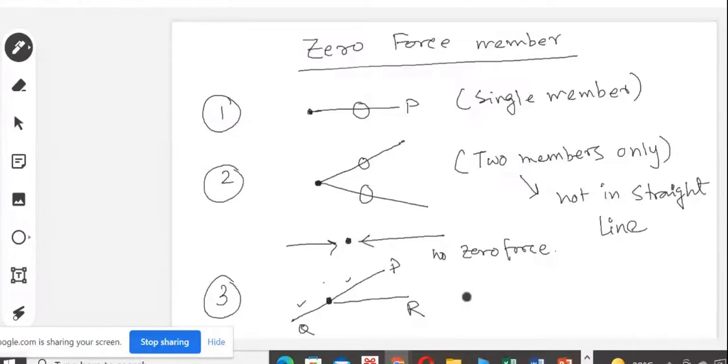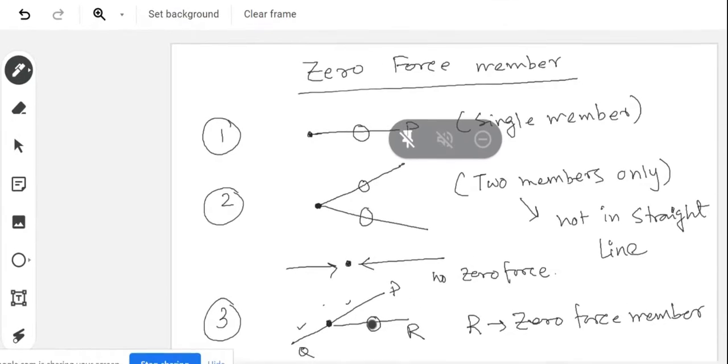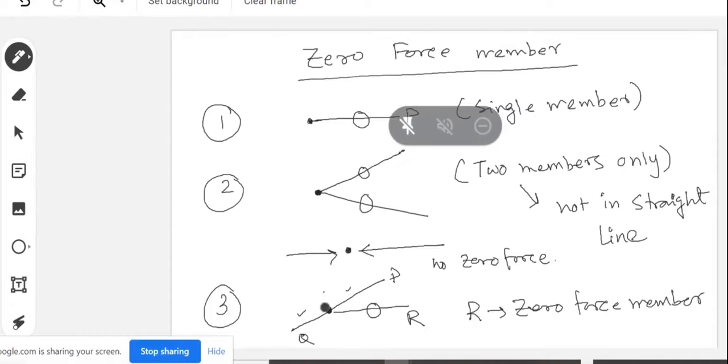R, right. Why is this so? Because P and Q are in a straight line and they are forming the force equilibrium and they will be equal and opposite. Whereas for R, there is nothing to form equilibrium along with it.